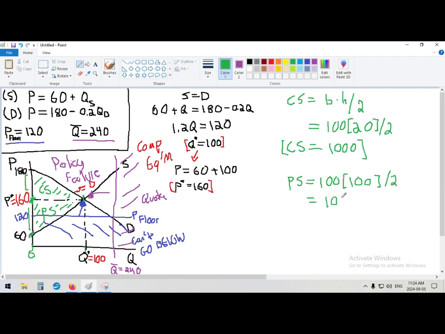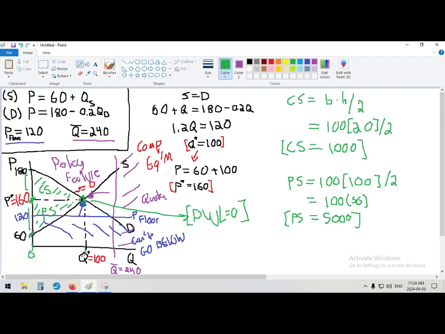So we have 100 times 100 divided by 2, which is 100 times 50. So there you get 5,000. Since those are both maximized here, you can also see that we have a deadweight loss of 0 since we're still in the competitive equilibrium.